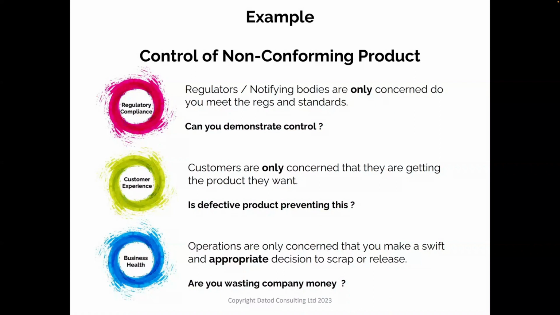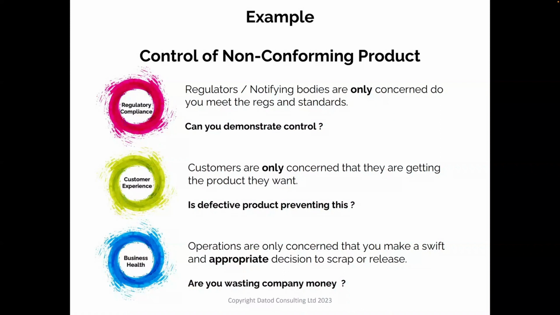Now, the third group will look at the same part of the quality system with a different set of eyes. So business health will be more concerned with the amount of scrap, and importantly, if products are going to be scrapped, whether they will be dispositioned to scrap or released, they're more concerned that this happens in a timely manner. Obviously, if it's going to be scrapped, there are cost implications.